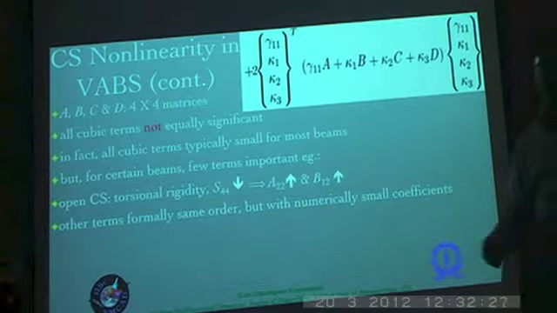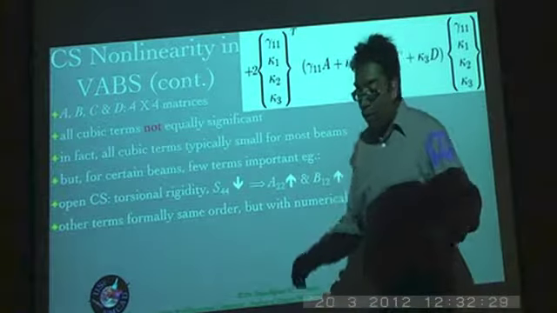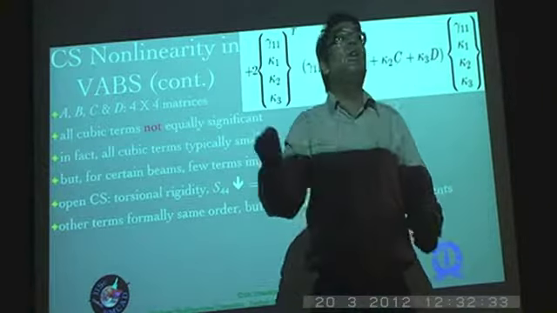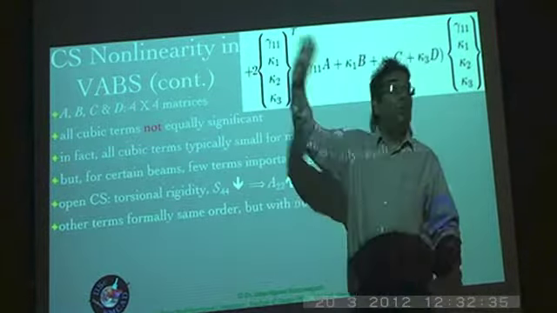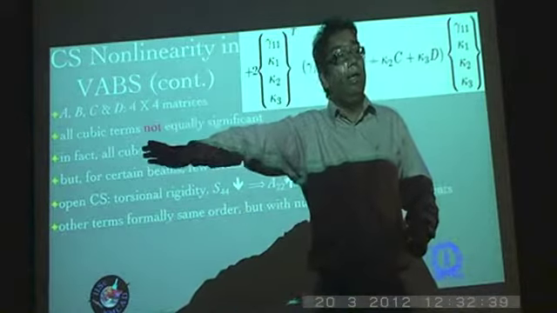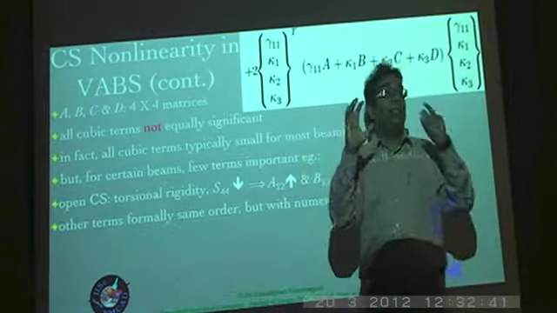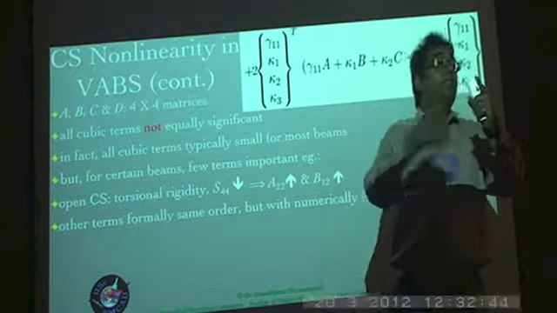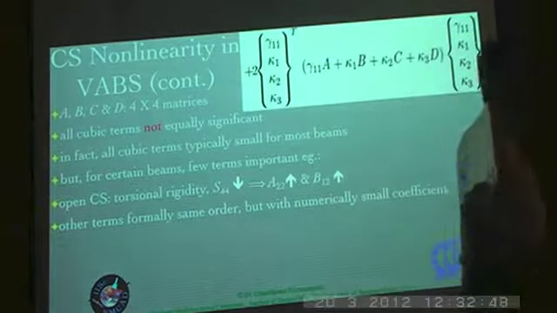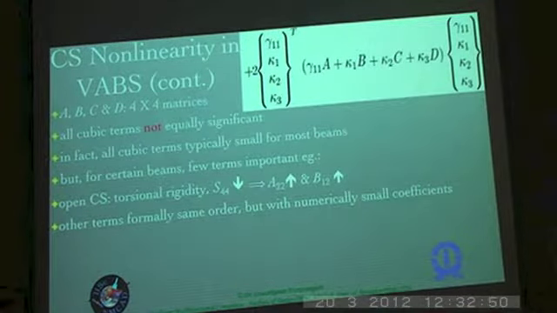In addition, you could also have terms which are not actually 0, but having numerical denominators, nothing to do with the material properties and or the geometry features, but just that the expression itself contains in the denominator a very, very large number, and because of that the energy contribution is fairly small.